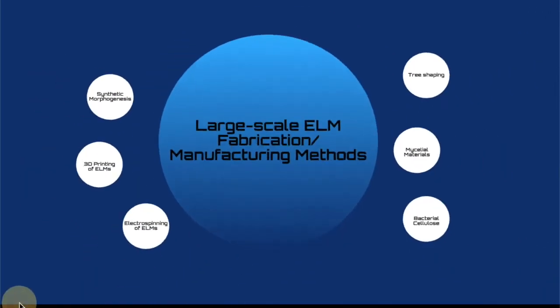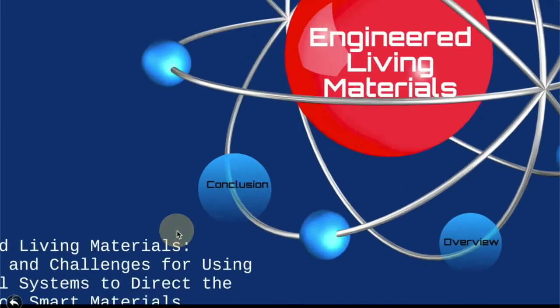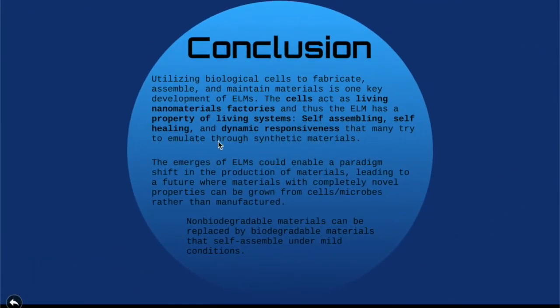So that's it for the large scale, and then the conclusion is, yeah, it's really important here. So we are using cells as living nanomaterial factories. So the advantage of using ELM, they are self-assembling, self-healing, and dynamically responsive, similar to the microorganism.